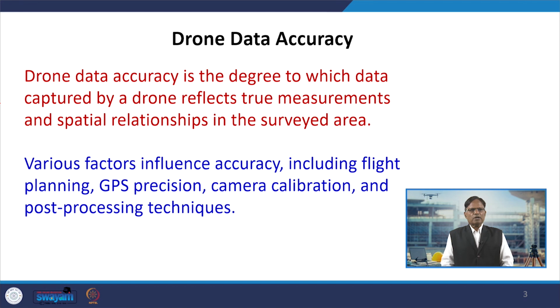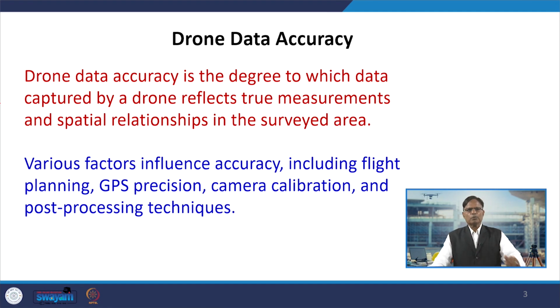Drone data accuracy is the degree to which the data captured by a drone reflects its true measurement and spatial relationship in the surveyed area. There are several factors which will affect the accuracy of the data we are collecting from the drone system, whether it is a LiDAR based sensor or a photogrammetric sensor.